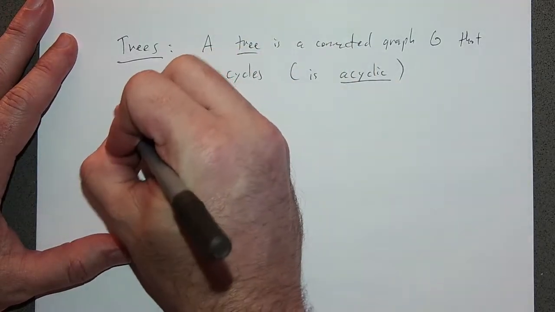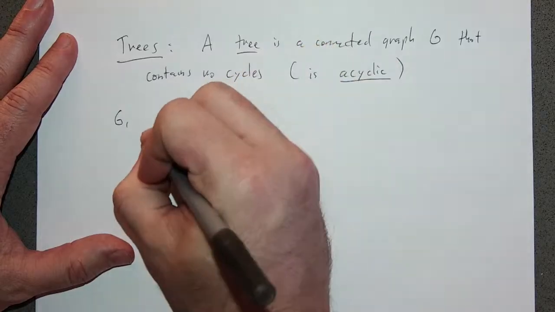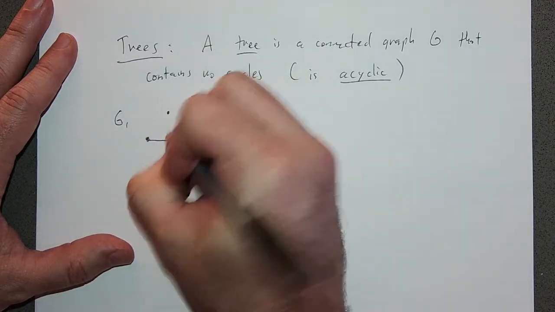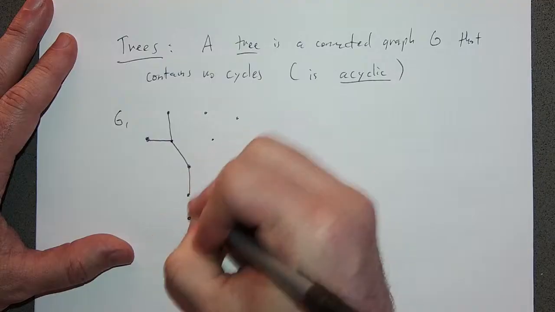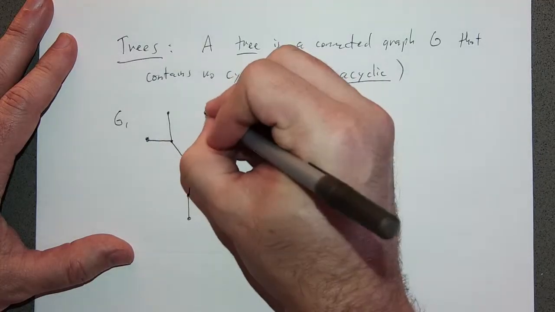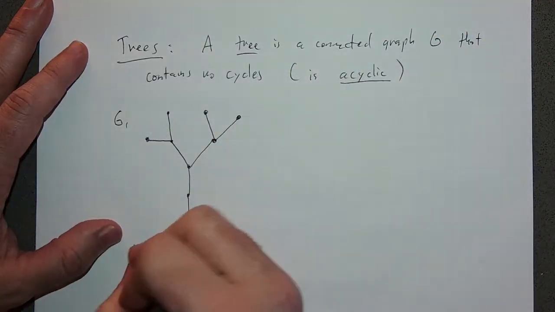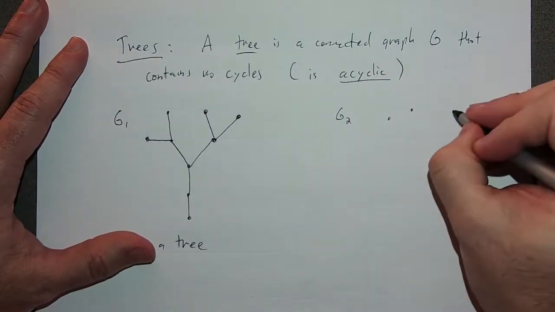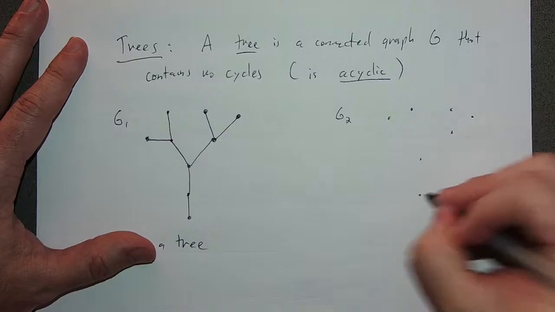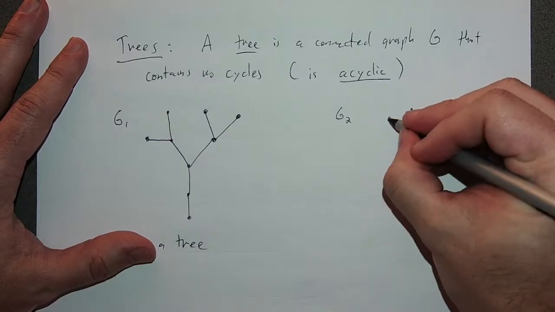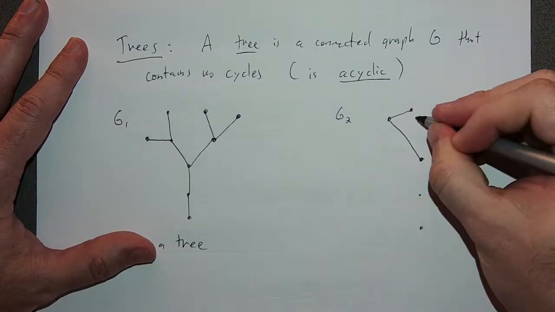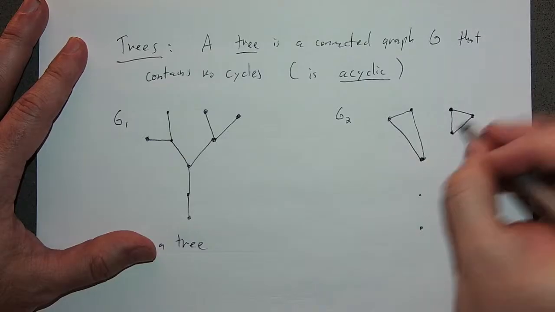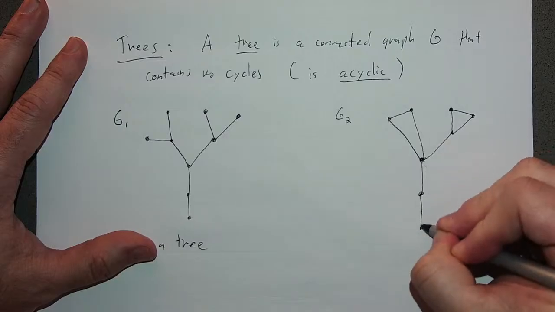So for instance, this is a tree. This is not a tree.